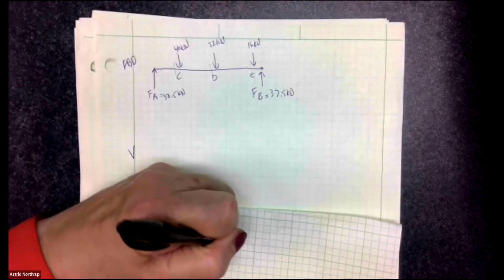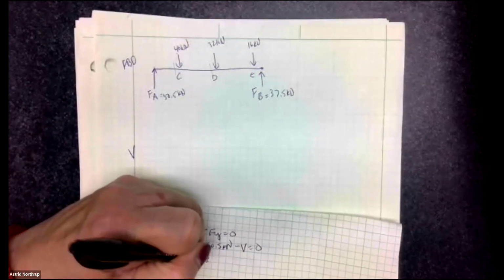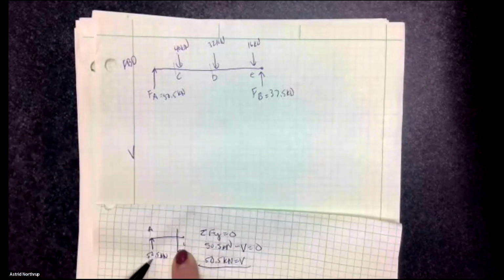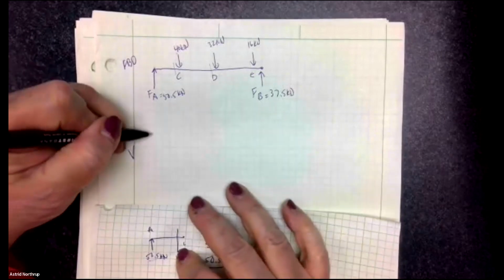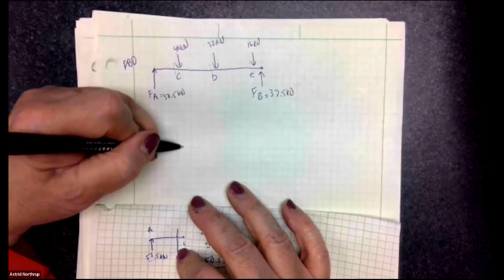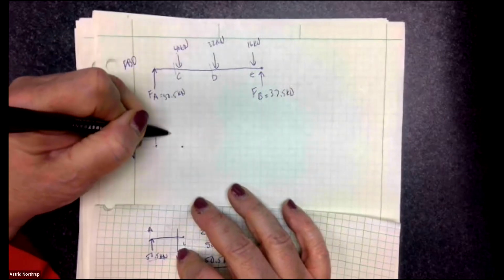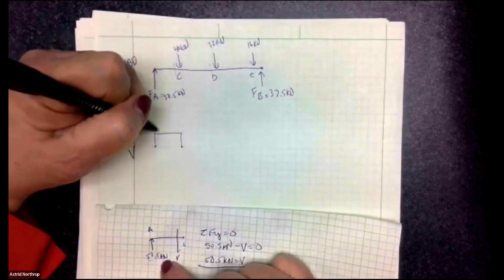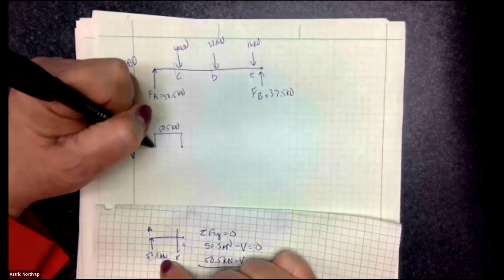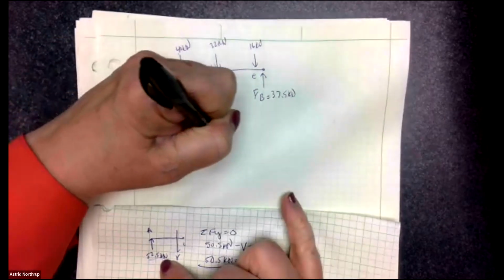This is negative, minus V equals 0. So what you get is 50.5 kilonewtons equals V for this first little part. What that means is from here to here, you have a V of 50.5 kilonewtons, and it's positive, so it's above the axis.